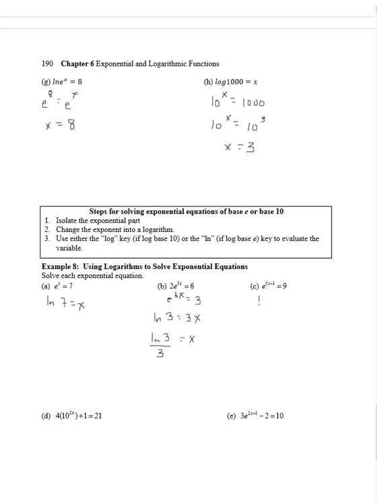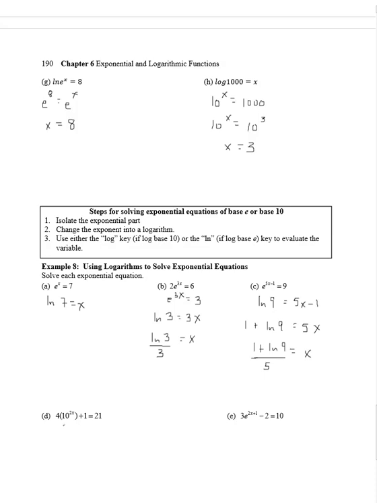Part C, we have natural log of 9 equals 5x minus 1. So we add 1 to both sides, so we get 1 plus the natural log of 9 equals 5x, and then divide by 5. So 1 plus the natural log of 9 divided by 5 is x. And you can put that in your calculator.